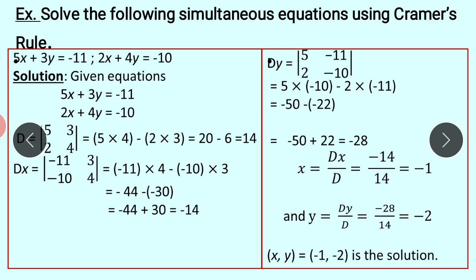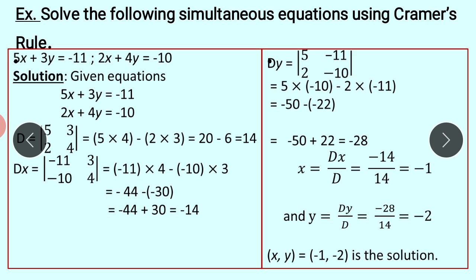Dx, then you arrange minus 11 as C1 and minus 10 as C2. So minus 11, minus 10 and here 3 and 4. Then again take the cross multiplication. Minus 11 into 4, minus 10 into 3. Minus 11 into 4 is what? Minus 44.